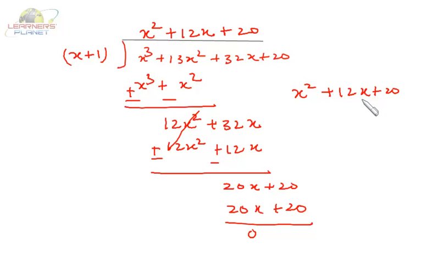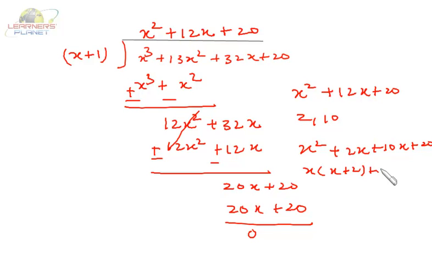Now we have to choose two numbers whose sum is 12 and product is 20. So we can choose 2 and 10. So let's break 12 into 2 and 10. So x square plus 2x plus 10x plus 20. So it's x into x plus 2 plus 10 into x plus 2.